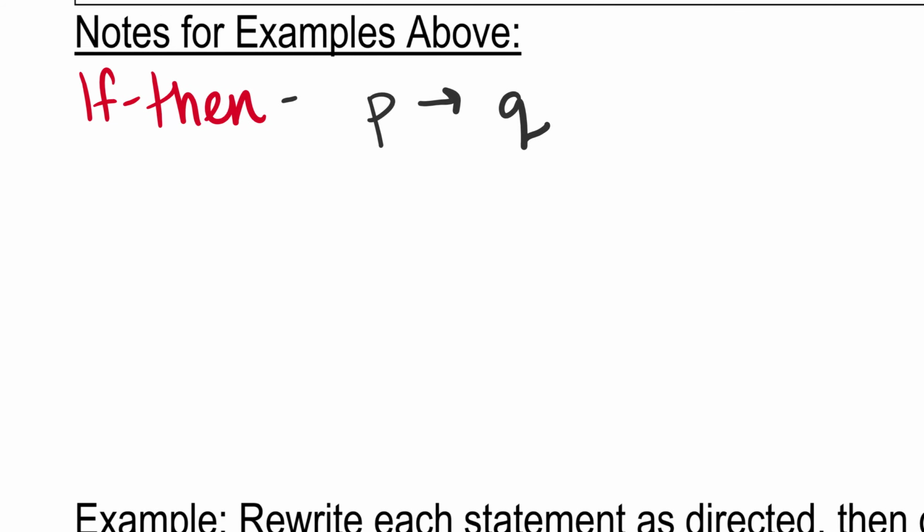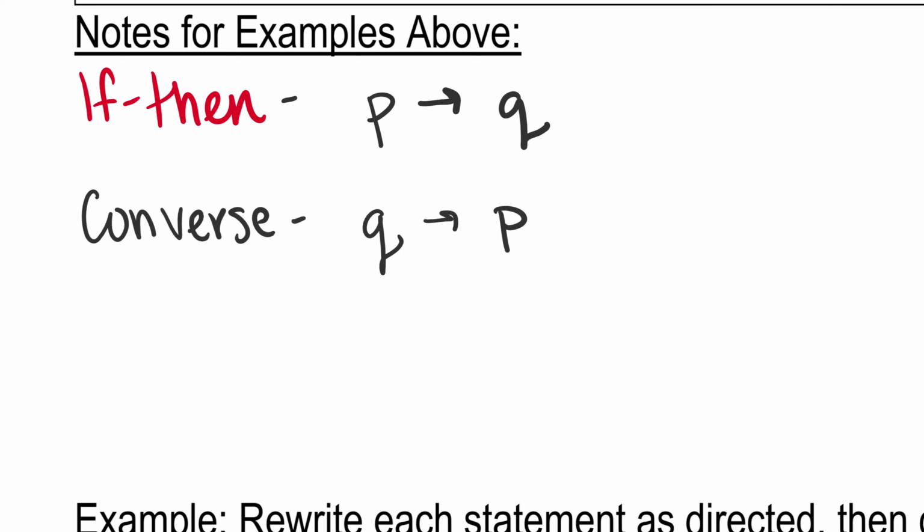Okay, the second one, we have converse. So converse is I switch the order. So instead of P, Q, I would write Q, then P, so if Q, then P. That's converse. Inverse.